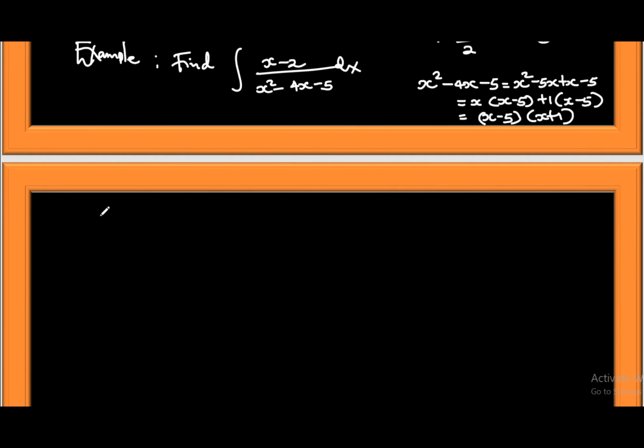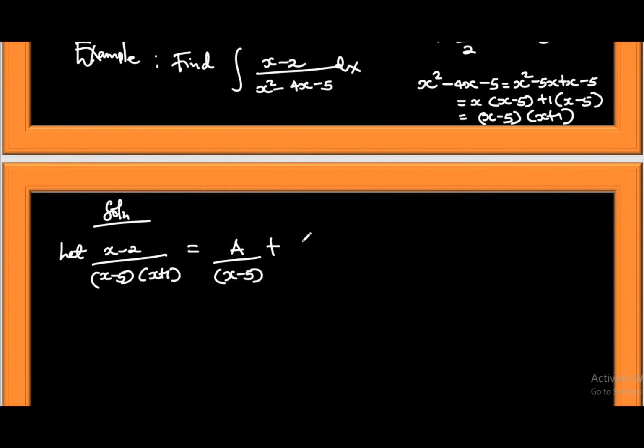So we can proceed by saying in our solution that let x minus 2 divided by x minus 5 into brackets x plus 1 be equal to a out of x minus 5 plus b out of x plus 1. This time we only have two factors.